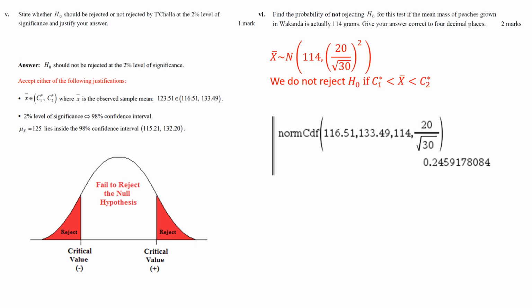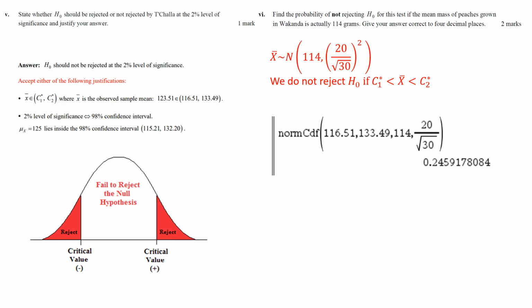Now this part, have a think carefully because it could be confusing. So we want to work out whether we should reject the null hypothesis or not at the 2% level of significance. I think the most obvious way is to look at the critical values that we worked out previously.